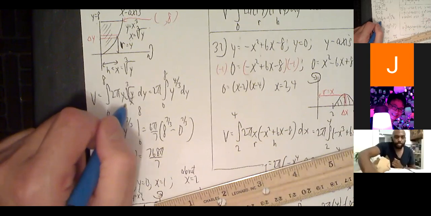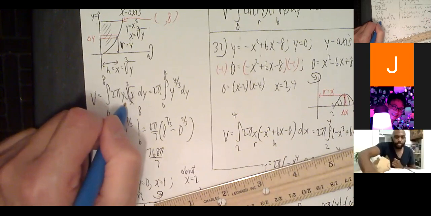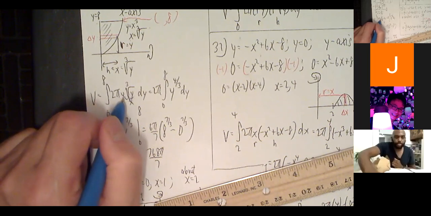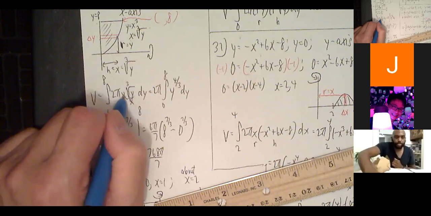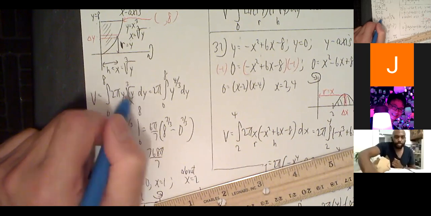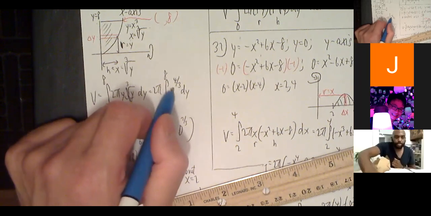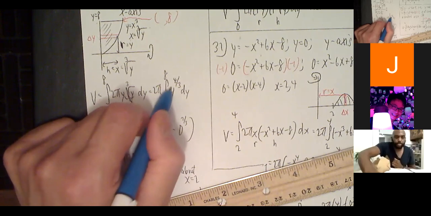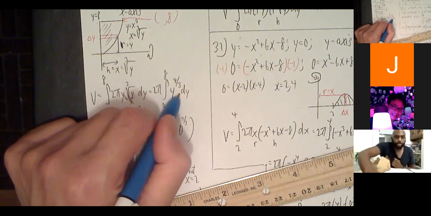Now this is what I'm trying to integrate. Take out the 2 pi. This is y to the 1, this is y to the 1/3. So 1 plus 1/3 is 4/3. So I'm integrating 2 pi, integral from 0 to 8, of y to the 4/3 dy.